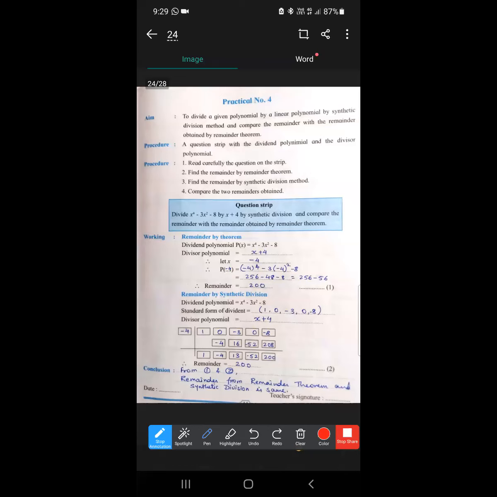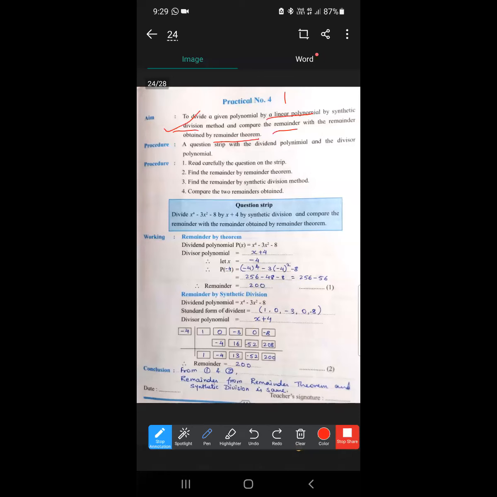Okay, so here what they have told, to divide a given polynomial by a linear polynomial. Now linear means what? The degree is 1. Okay, by synthetic division method. So synthetic division method you should know, and that you need to compare the remainder. Whatever the remainder you get, that you have to compare with the remainder theorem.